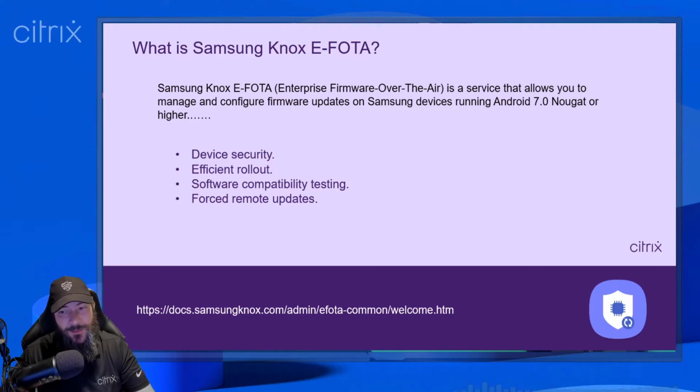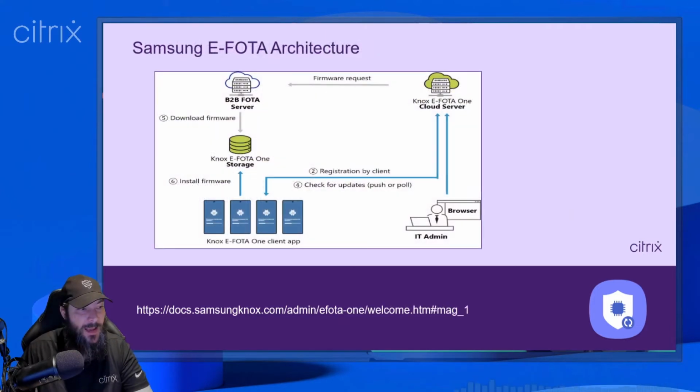It allows you to do software compatibility testing in batches, and it can force remote updates. Samsung Knox EFOTA is the only service that has this type of granular and controlled firmware updates available in the market. Now let's have a look at the EFOTA architecture.